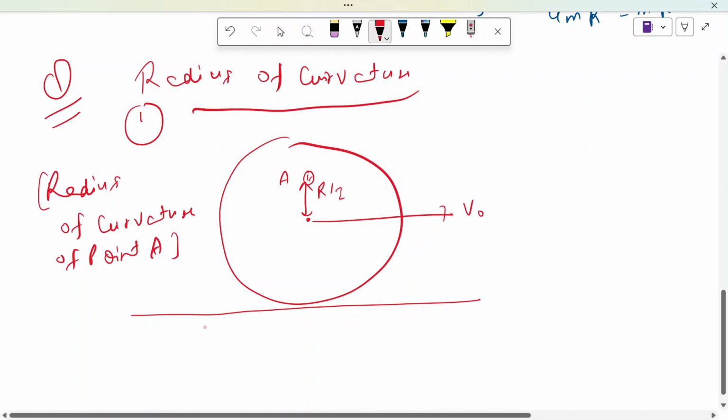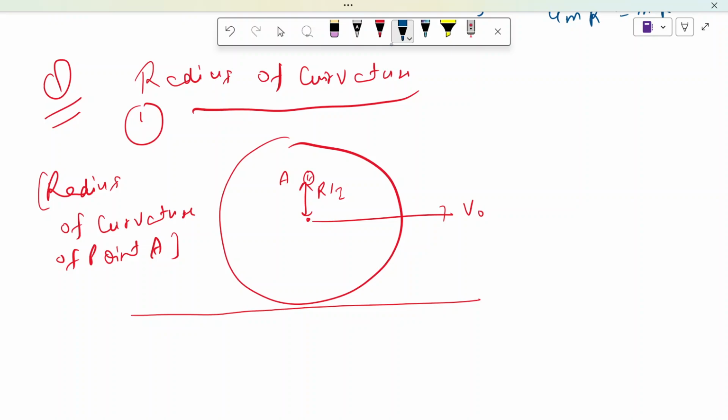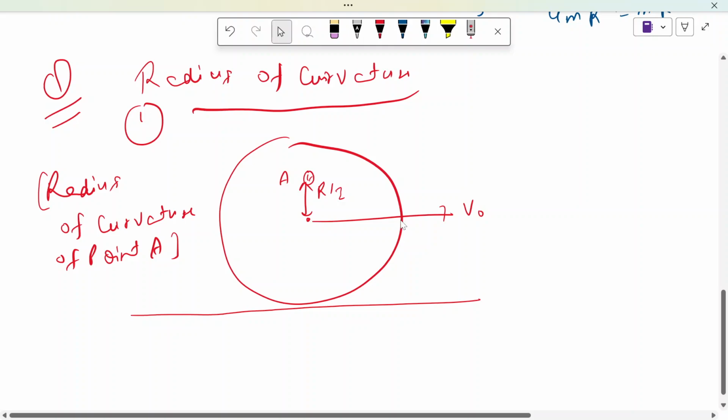Fine. So think once. And it is given it is a sphere. Okay. So what we have to think is, if we are able to calculate the velocity and acceleration of the particle located at the point A, we can easily calculate the radius of curvature of that point.